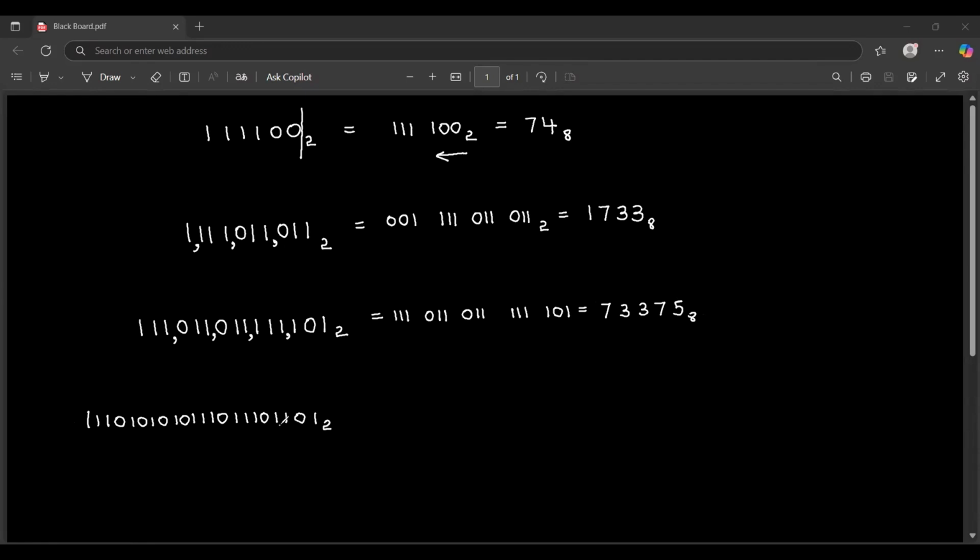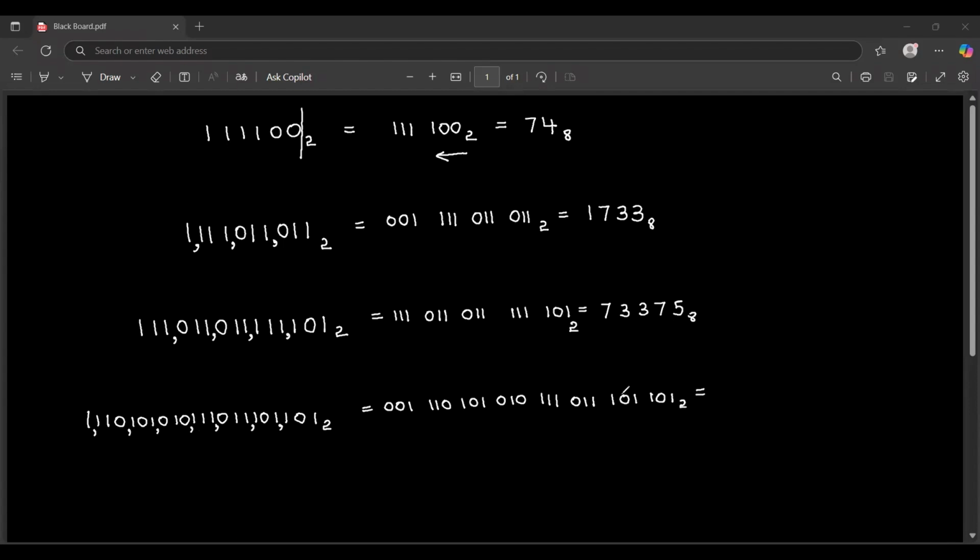So let's divide it into threes. Here we have 3, 3, 3, 3, 3, 3, another 3. So it will be equal to 001, 110, 101, 010. Then we have 111, then 011, then 101, finally 101 again, to the base 2.